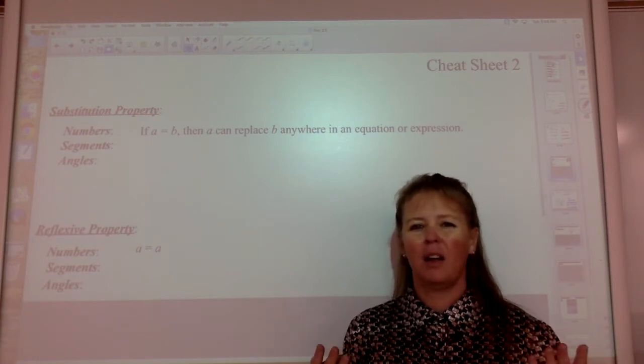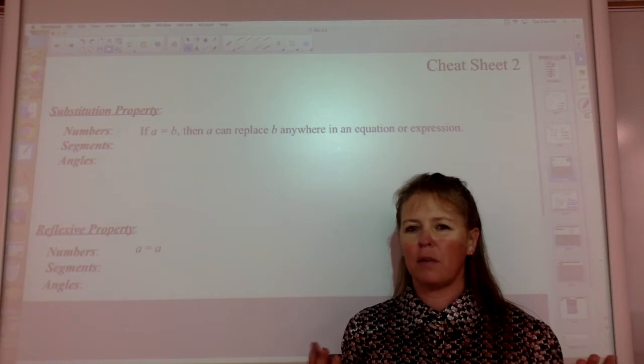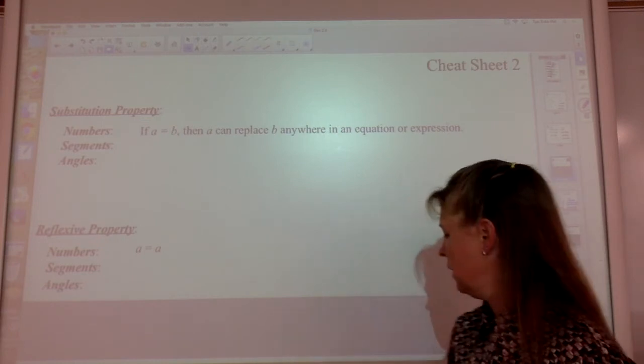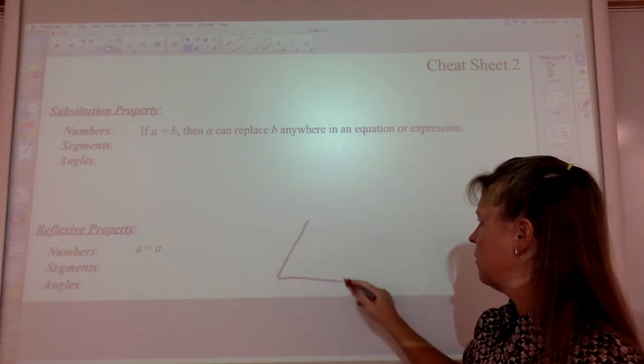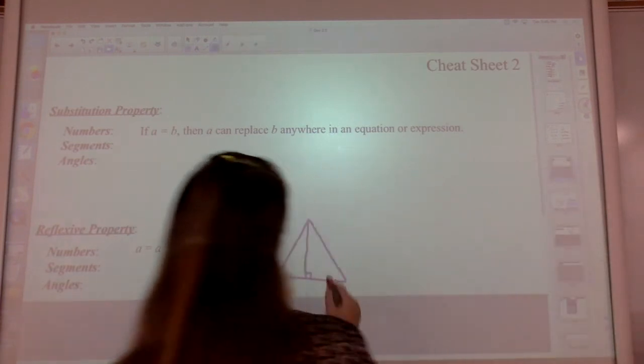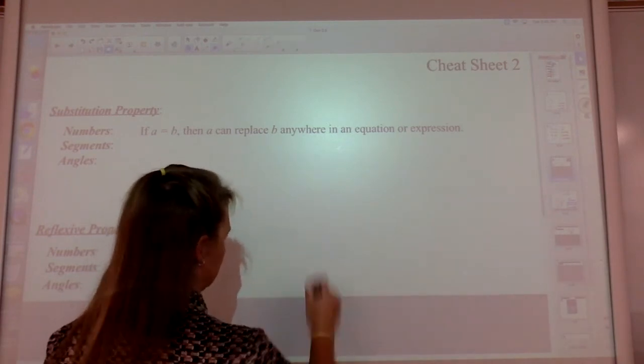And you might think, why would we ever call that the reflexive property? When would we ever use it? How would we possibly need it? And there is going to be a time, if we talk about these two triangles, not those two. Those are not the same size.